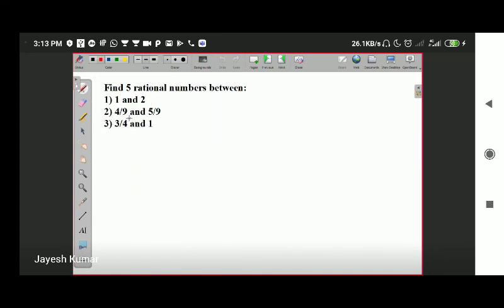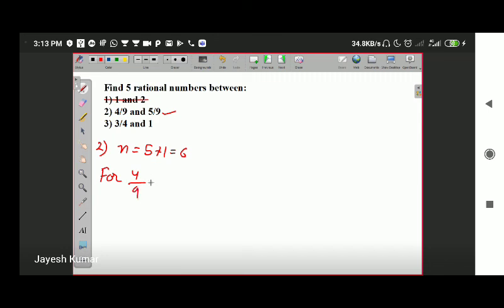The next question is the second one. We have done the first one. The next question is 4 upon 9 and 5 upon 9. Once again, n is equal to 5 plus 1. That will be 6. Okay, now the first number is 4 upon 9.